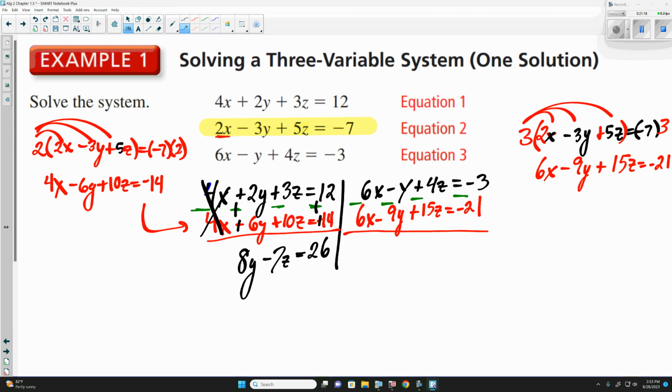Now, when we subtract, 6x minus 6x is 0. Now we look at the next one, negative y minus negative 9y. Yeah? No, it is 8y, because our negative would make a plus, so we have negative y plus 9y, which is 8y. 4z minus 15z is negative 11z.